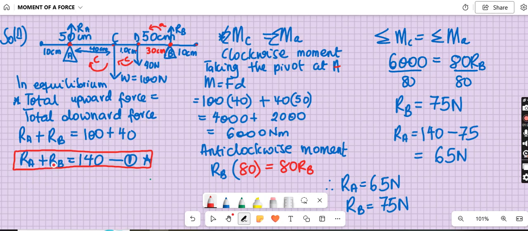So we will have the weight of 100 times the perpendicular distance from C to the point B. That will be what? 40.